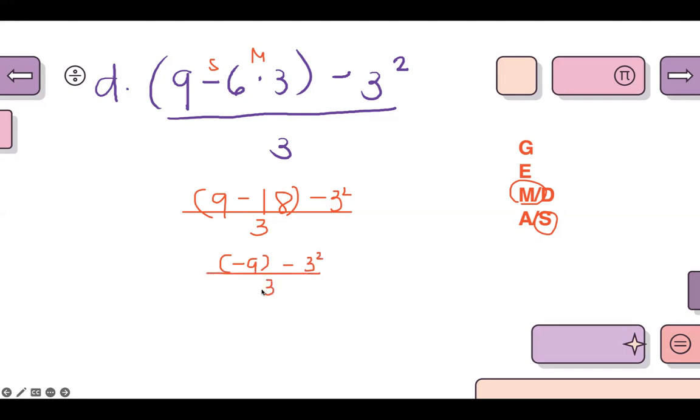Okay, so next, we're done with the grouping symbol. Let's proceed now with exponent. So we have here exponent 3 squared. And 3 squared in expanded form is 3 times 3, which is 9. So let's rewrite it. So that is -9 minus +9, which is 3 squared all over 3.